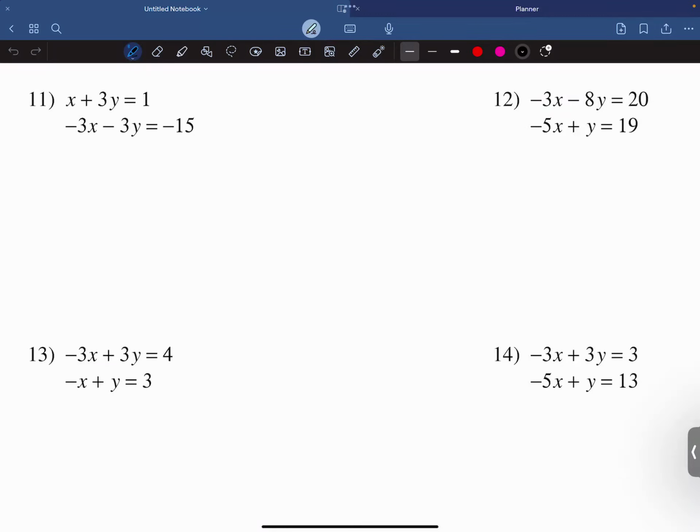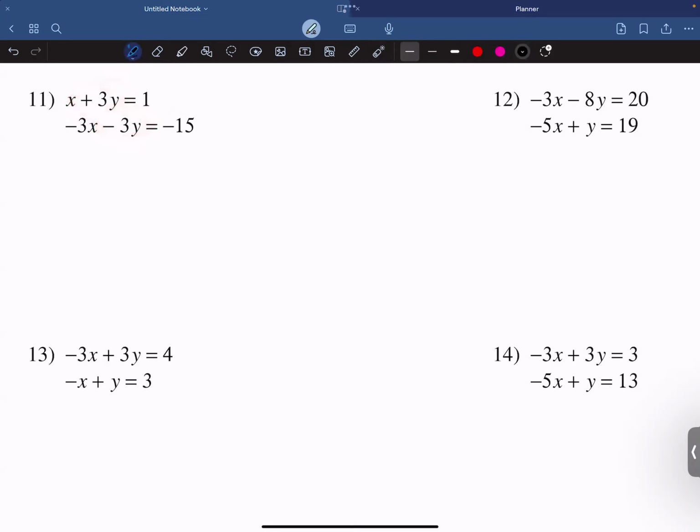So if you look at both of these equations, what can I multiply this top equation by to get rid of a variable? I don't have to do anything. I don't have to multiply this by anything because if I look already, what's happening here? Well, you have plus 3y and negative 3y.